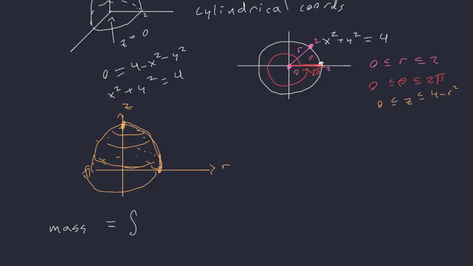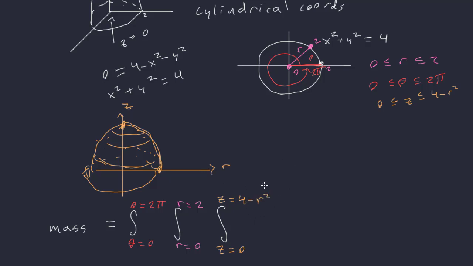The integral of, we'll start with theta, theta going from 0 to 2 pi, r going from 0 to 2, and z going from 0 to 4 minus r squared.